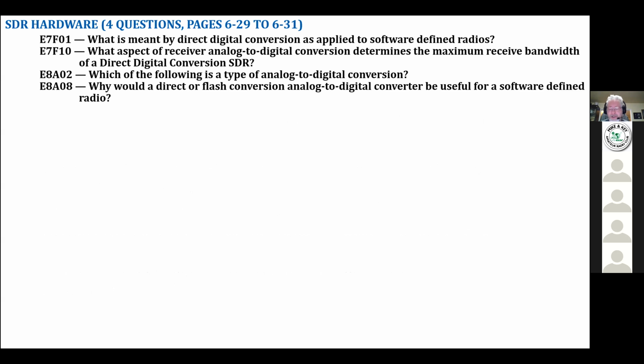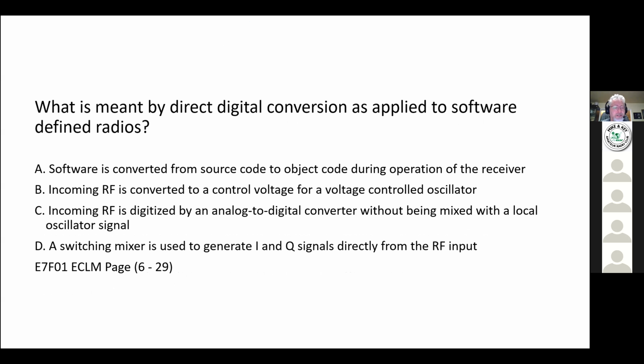SDR hardware, 4 questions. What is meant by direct digital conversion as applied to software-defined radios? A, software is converted from source code to object code during operation of the receiver. B, incoming RF is converted to a control voltage for a voltage-controlled oscillator.